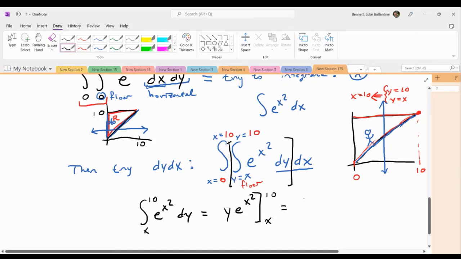I'm worried about, we'll have 10 e to the x squared minus x e to the x squared. It was cool in theory, right? I was trying to think of that on the fly, and apparently I performed a blunder.